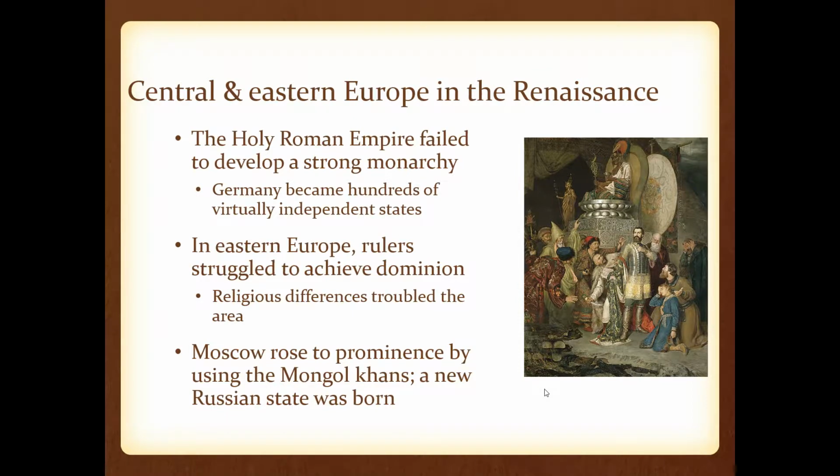This centralization of power, along with the added authority of the formerly Greek Orthodox Church, the Eastern Orthodox Church, allows the new ruler of the Rus to proclaim himself the new Caesar, or the Czar.